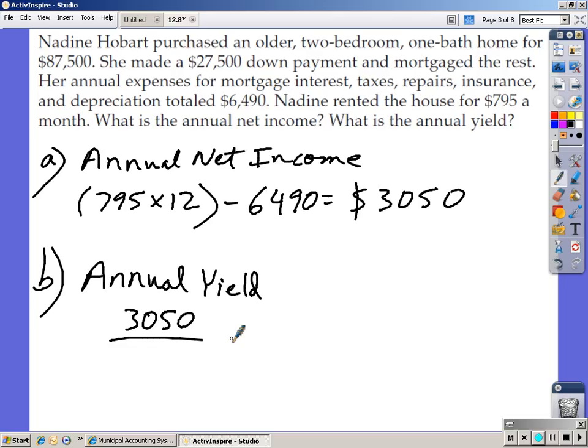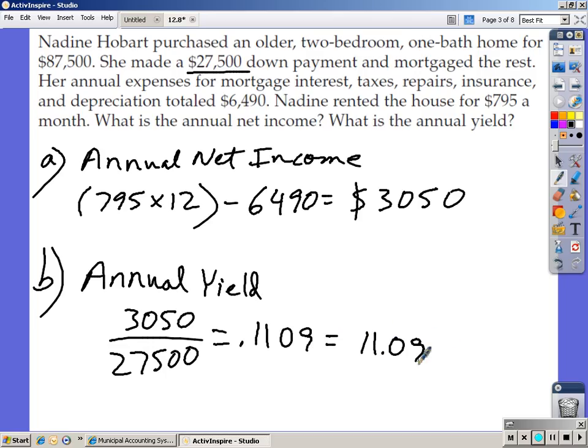It says she purchased the home for $87,500, but her actual cash investment up to this point is only $27,500. So $3,050 divided by $27,500 is 0.1109, or 11.09%.